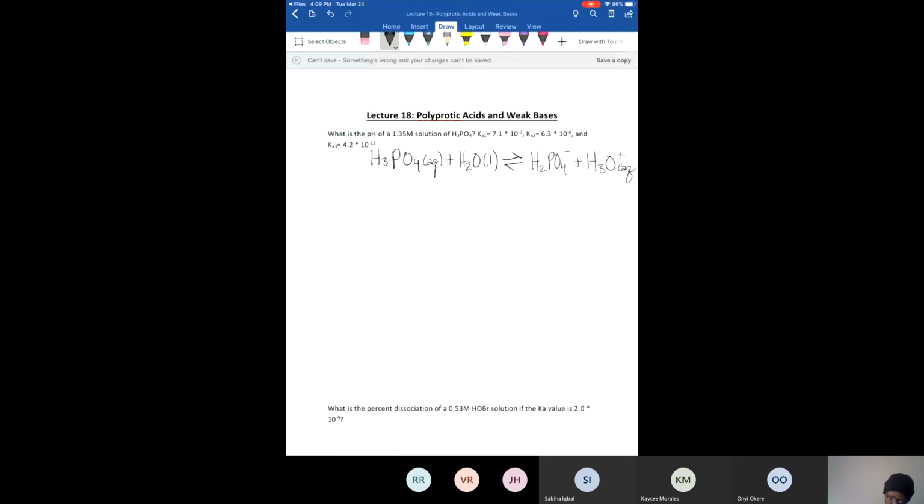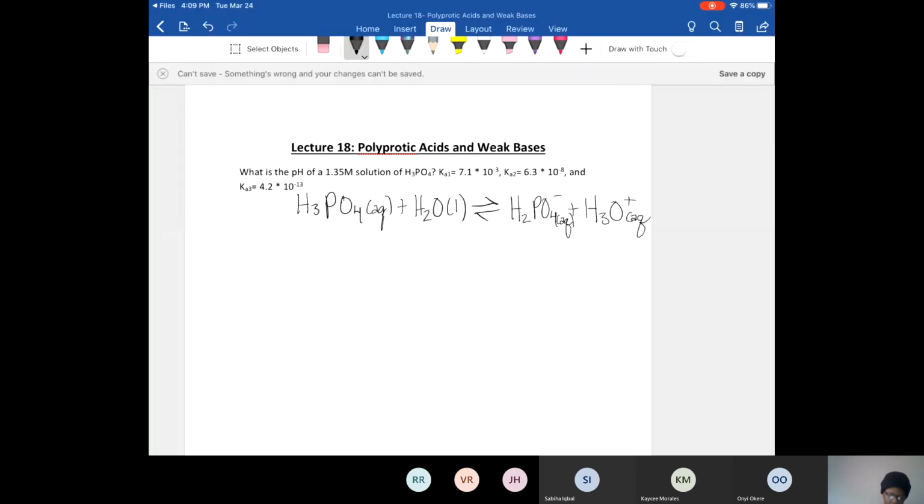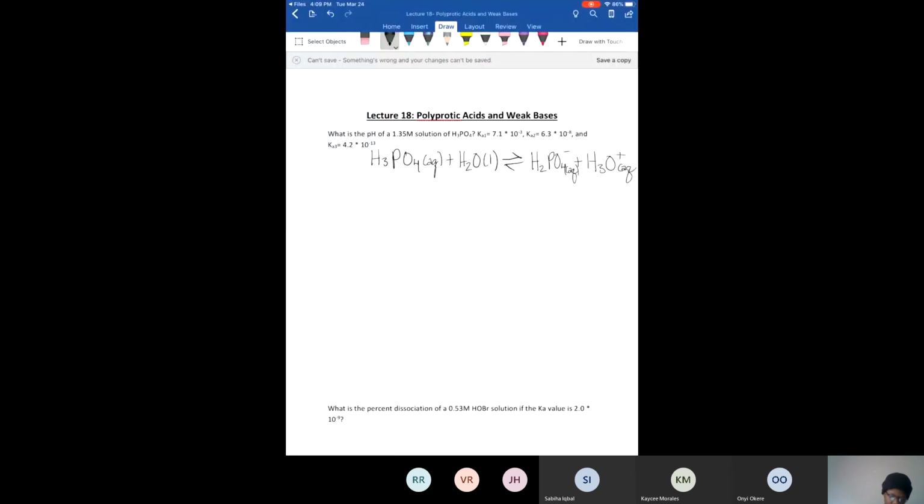Sorry, they're both aqueous. Everything except for water is aqueous all the time for these kinds of acid dissociation problems.